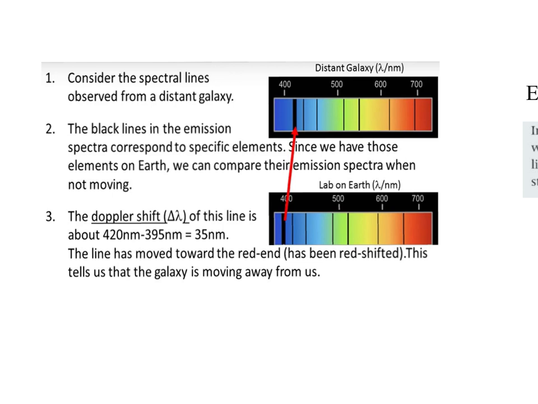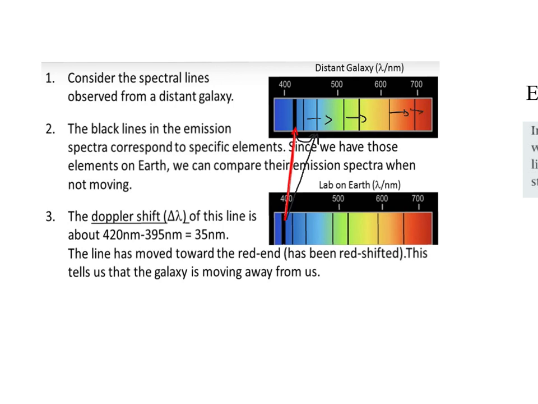And since we have those elements on Earth, we can compare the spectra when not moving with the ones that we receive from the actual distant galaxy. So here you can see how the line shifts from there to there. If that galaxy was moving away from us faster, we would notice the shift even greater. Instead of being there, that point would have been there, and every other line would have shifted by the same exact amount.